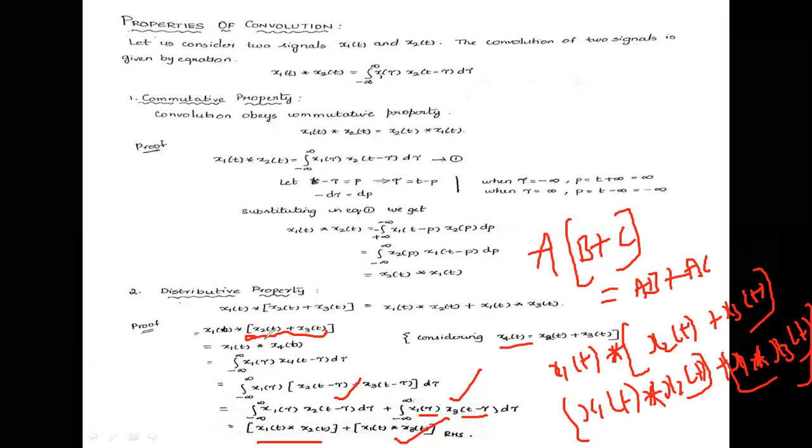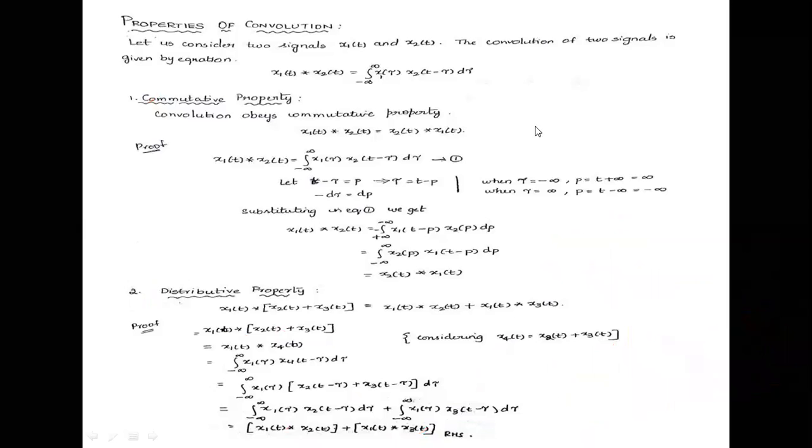What is x4? Actually x2 and x3, and replace the t as t minus tau. Multiply and write the two parts. The first part is the x1 and x2 convolution. The second part is the x1 and x3 convolution. And convolution obeys the distributive property also.